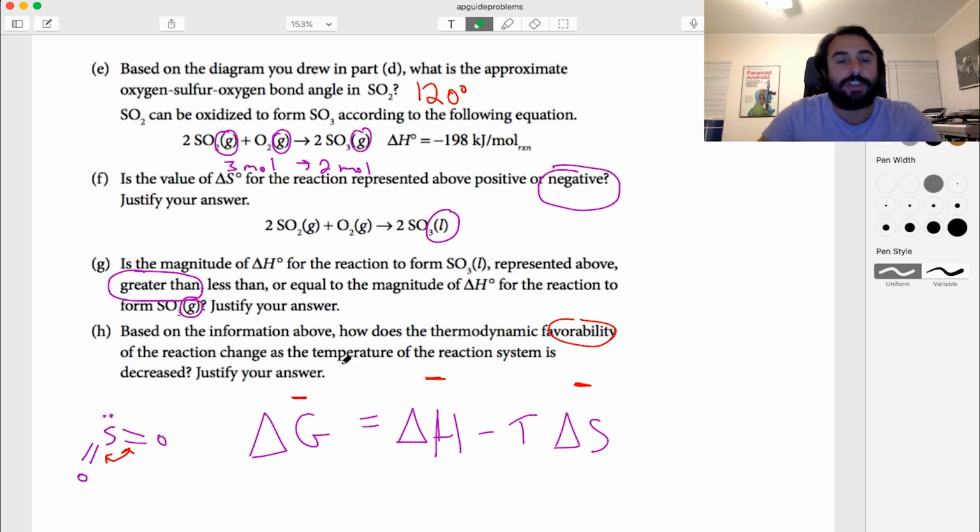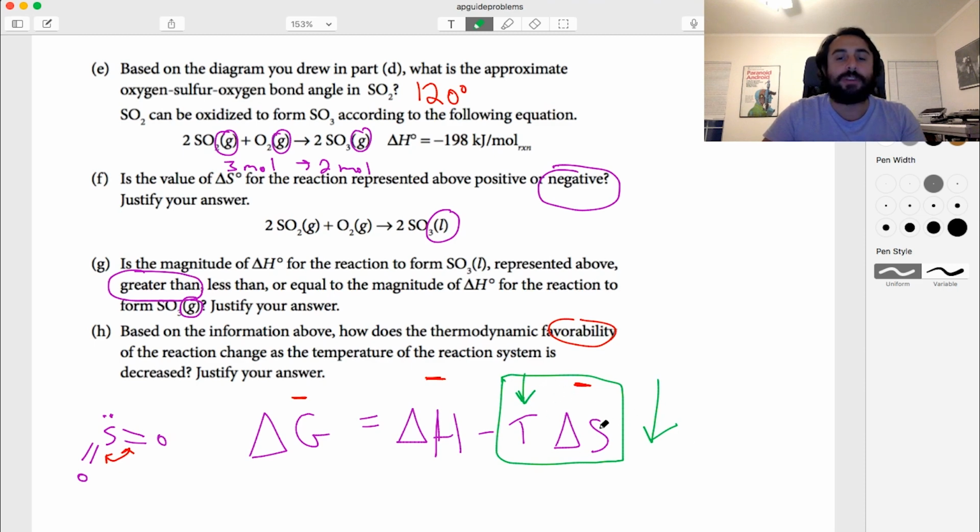And so the question is, how does the thermodynamic favorability or the spontaneity change as the temperature of the reaction system is decreased? So if the temperature decreases, then this whole term is getting smaller and smaller, right?